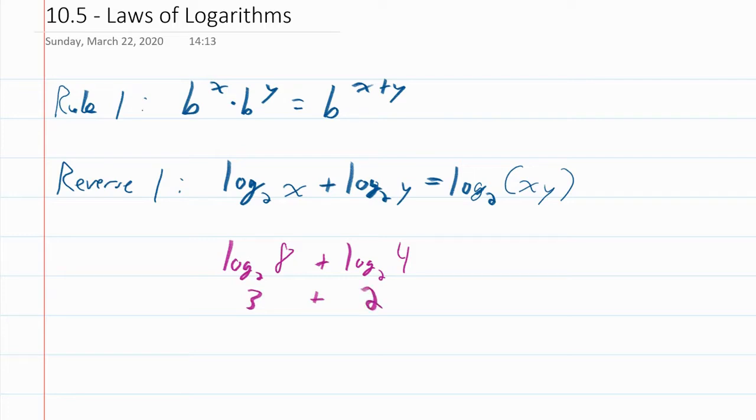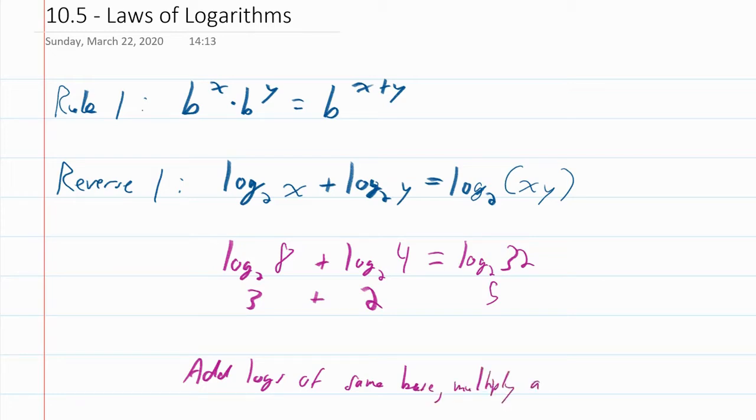That's 2. This is equal to 3 plus 2, which is 5. This would be the log base 2 of 32. So in the end, when I add logs of the same base, I multiply their arguments. And that's what I'm going to write in here. Add logs of same base, multiply their arguments.